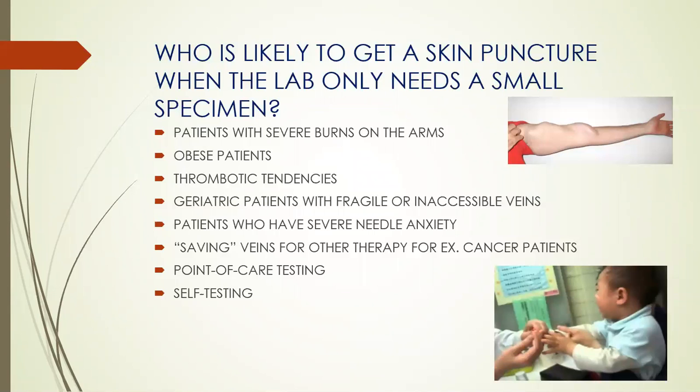Your patients with severe burns on the arm, or as you can see in the illustration, if they have some other type of access device, such as your dialysis patients, obese patients, patients with thrombolytic tendencies, your geriatric patients with fragile or inaccessible veins, patients who have severe needle anxiety, those patients who we need to save their veins for other therapies, such as the cancer patients, those patients who get point of care testing, and those patients who can perform their own self-testing.